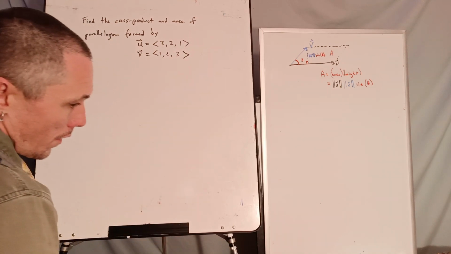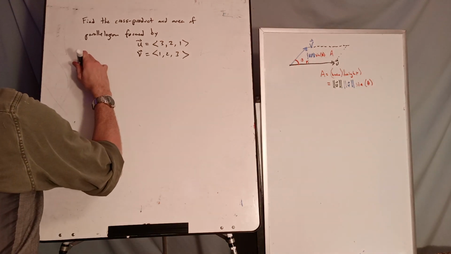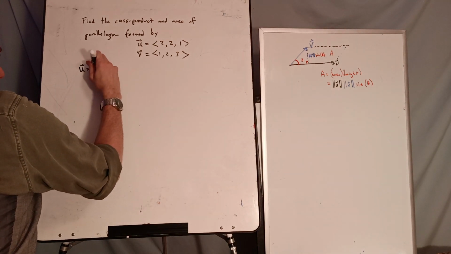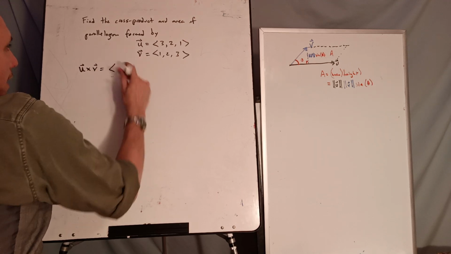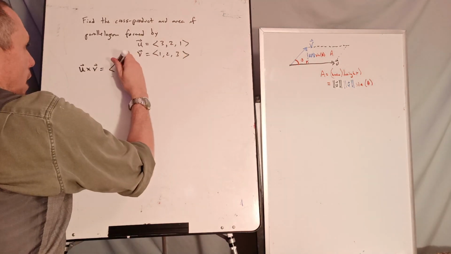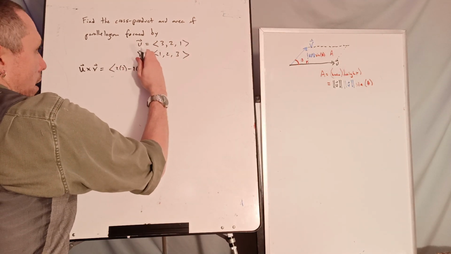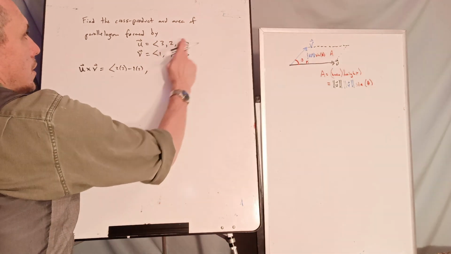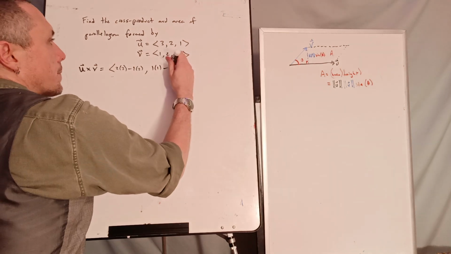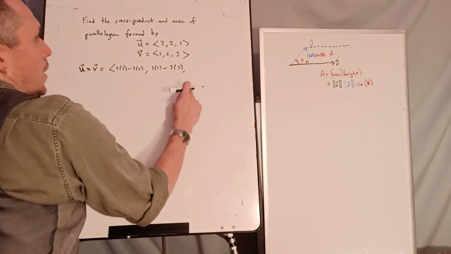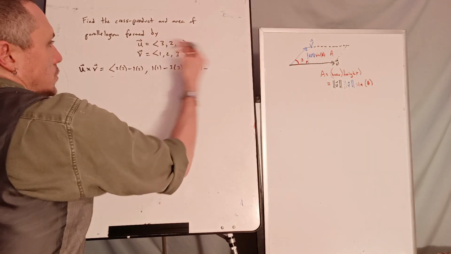Okay? So we'd carry out the calculation, U cross V, just by definition, right? That's a vector. Its first one is 2 times 3 minus 1 times 2. Its second one is 1 times 1 minus 3 times 3. Its third one is 3 times 2 minus 2 times 1.